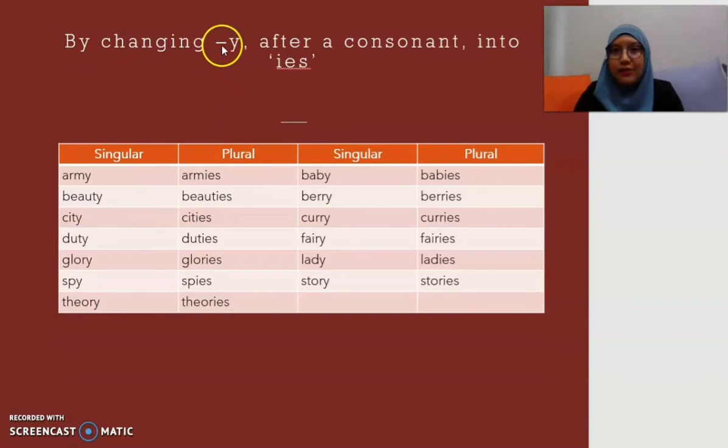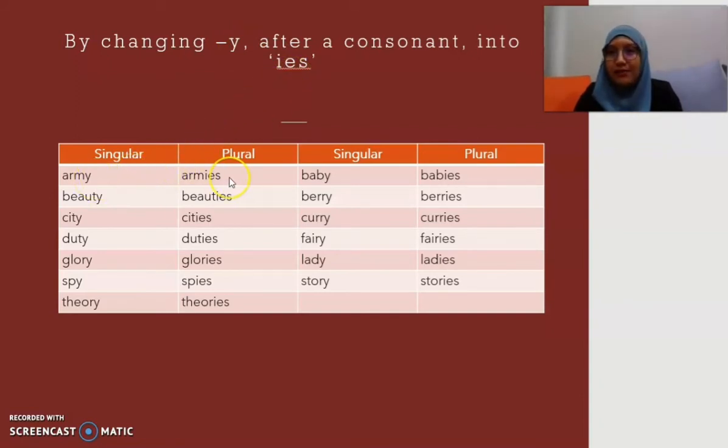Some nouns end with Y after a consonant. Consonant meaning any letter besides A, E, I, O, U. Any letter other than A, E, I, O, U. A, E, I, O, U we call vowels. So you change the Y to IES to form the plural. For example, army.